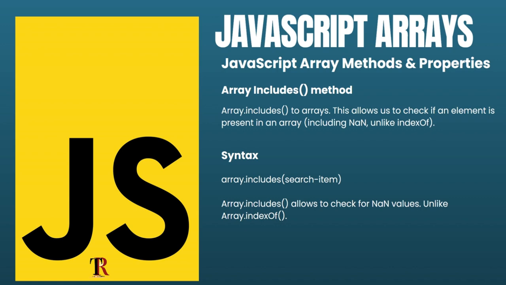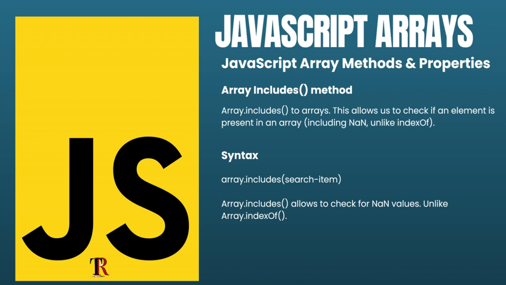So I hope you have been able to understand that in JavaScript arrays, the lastIndexOf method works exactly like the indexOf method, only with the difference that the indexOf method gets the first position of a specified element, while the lastIndexOf method gets the last position of the specified element in your array.